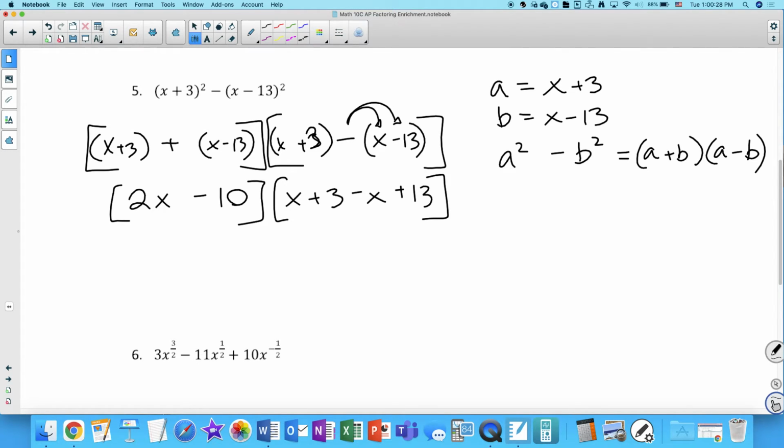Make sense? When you distribute the negative 1 in, minus x is negative x, minus negative 13 is positive 13. And so this becomes 2x minus 10 times, well, the x's make 0, 16.